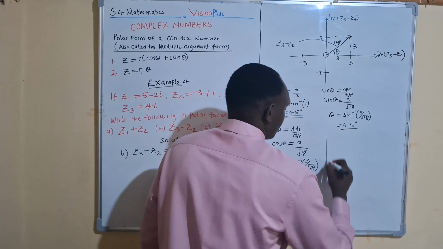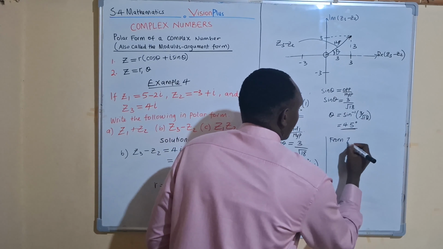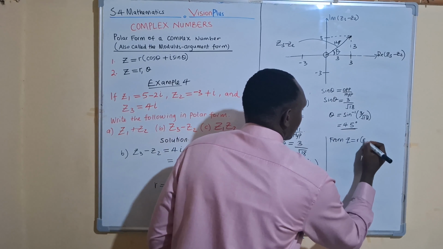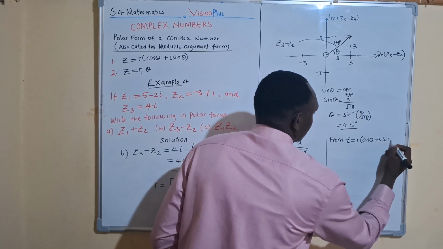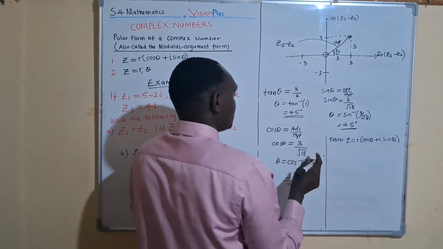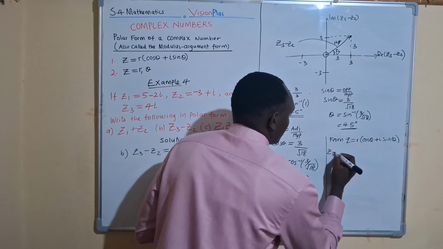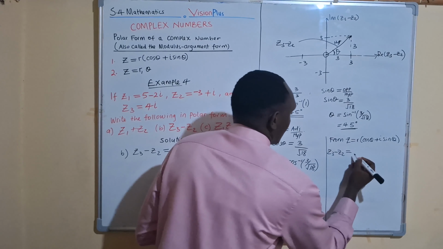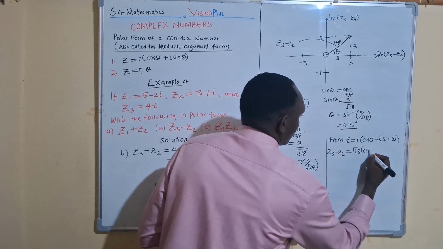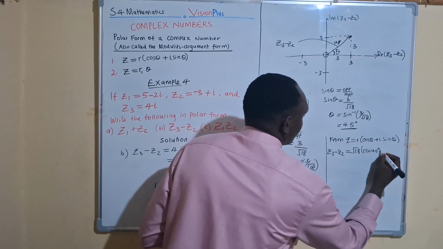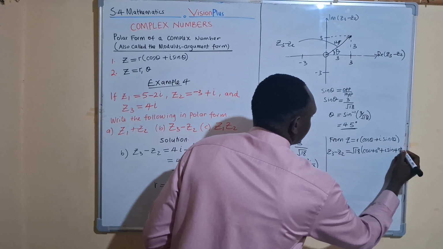You just create a small section and say, we know that the complex number is given by r cosine of theta plus i sine of theta. That means Z3 minus Z2 now becomes r, which is root of 18, open the bracket, cosine of the angle 45 degrees plus i sine 45 degrees.